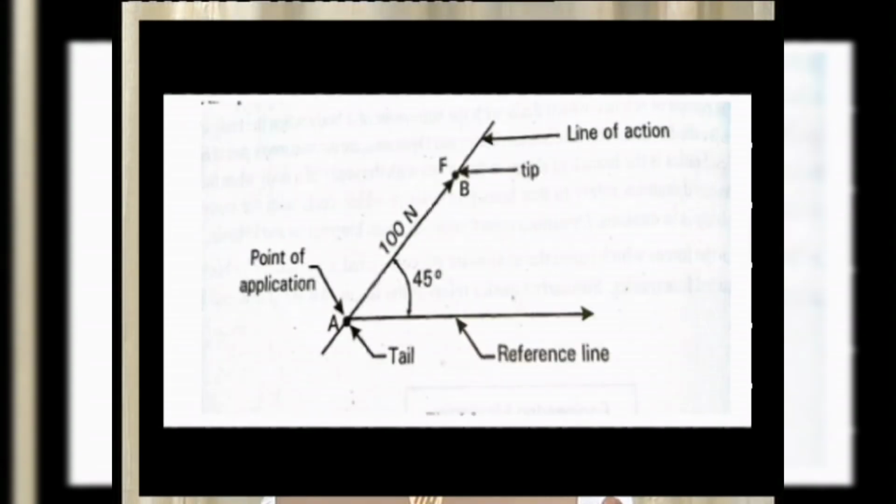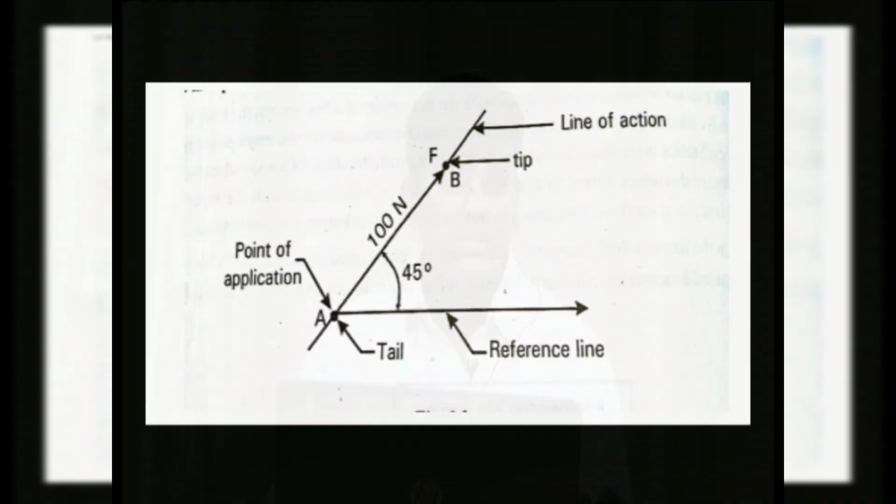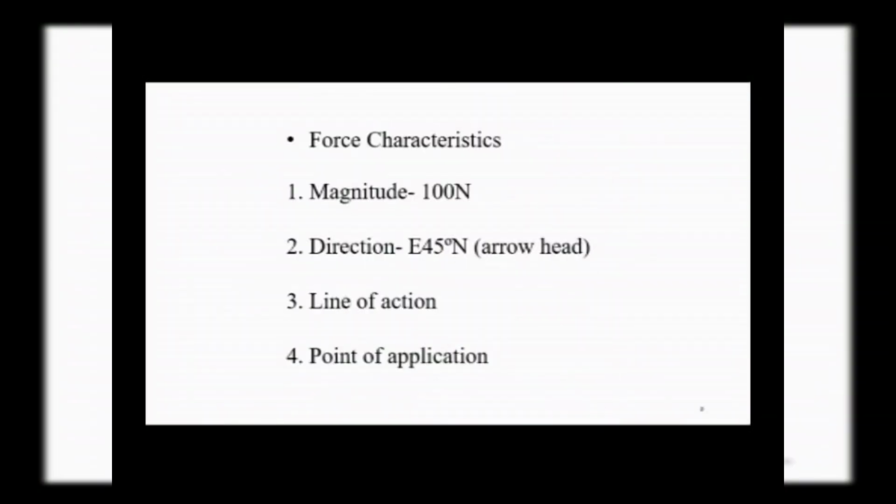As I told you, A is the tail point and B is the tip point, and here we can see the magnitude of 100 Newton, which is acting in a direction, and the direction is given as east 45 degree north. These are the characteristics of force. What are the characteristics? First, magnitude, direction, line of action, and point of application.